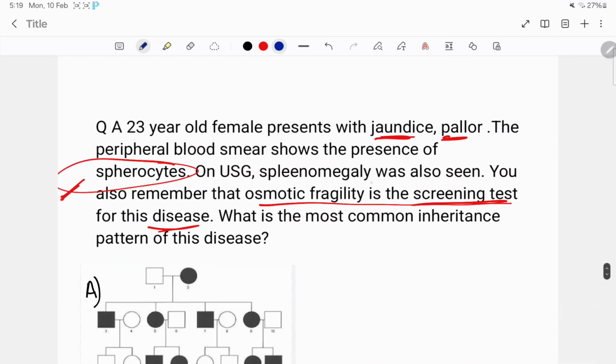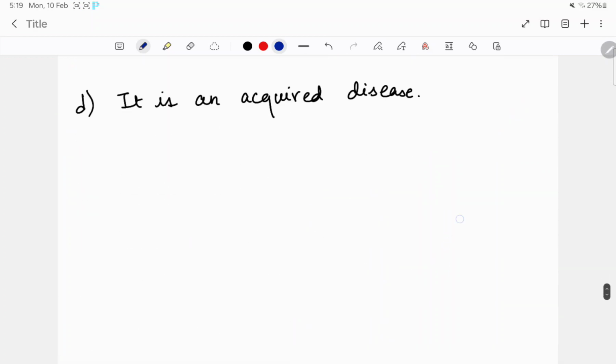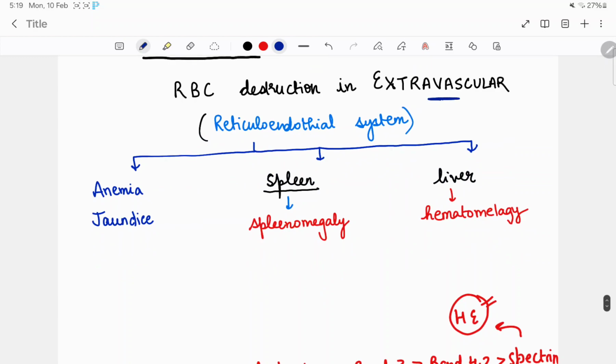Jaundice, pallor, and splenomegaly also seen. So jaundice, pallor, splenomegaly show that some hemolysis is definitely happening. Hemolysis can be of two types: intravascular and extravascular. In extravascular, splenomegaly is seen. Why? Because of RBC destruction in extravascular hemolysis.